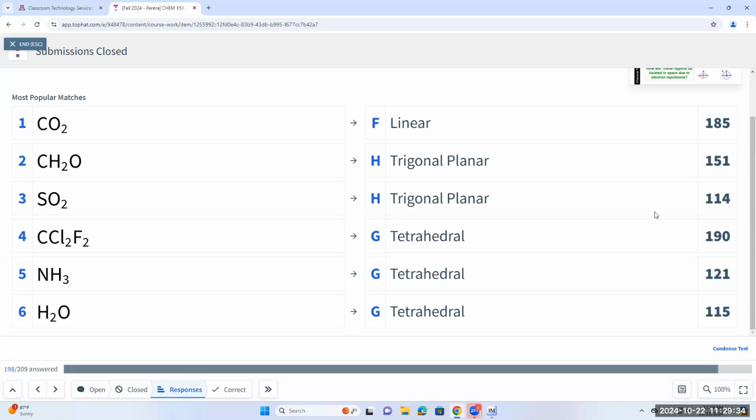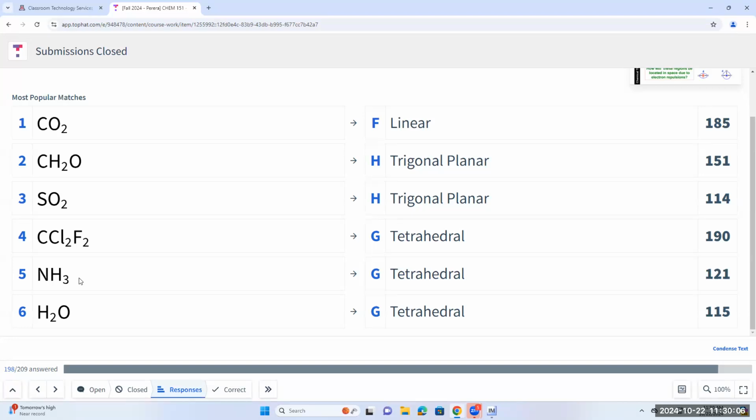Now, I have an idea why it's low for SO2, H2O and NH3, but we'll get there later. Does anybody have any questions, concerns, comments at this point? Anything? By the way, anybody who had H2O as bent, remember the question is asking about the electron domain geometry.